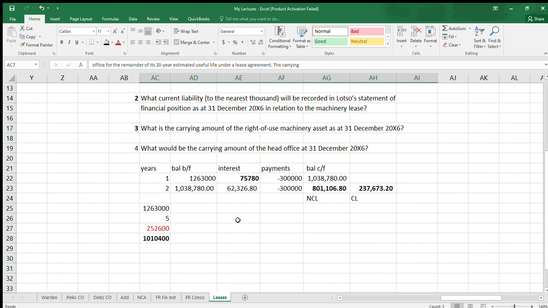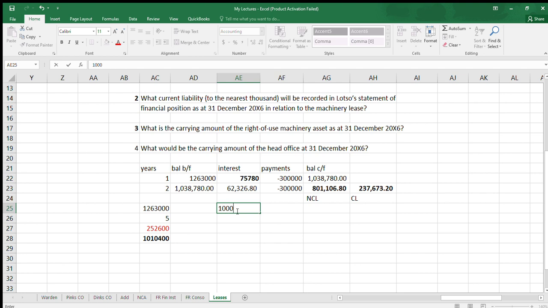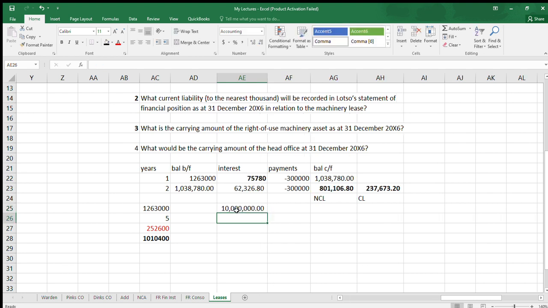So the carrying value is this minus this, 9,500,000. That's it. 9,500,000. I think that's all.